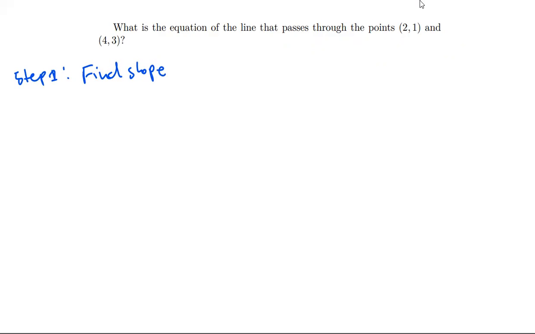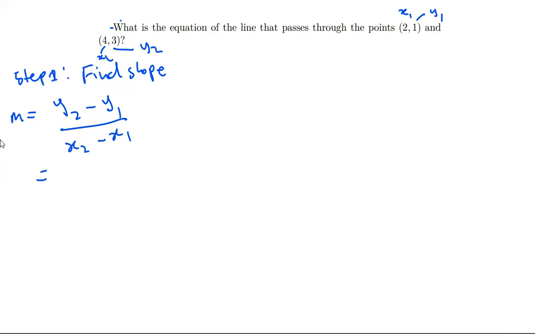And we just label this point x1, we label that y1, and we label this point x2, and we label that point y2. So the slope m is equal to change in y, which is y2 minus y1 divided by x2 minus x1.